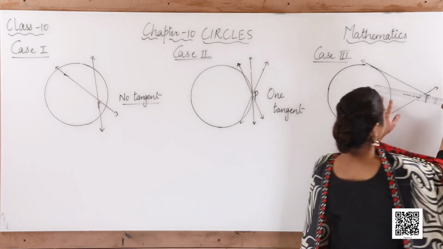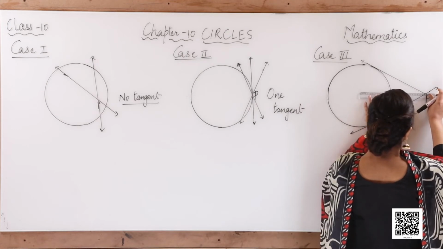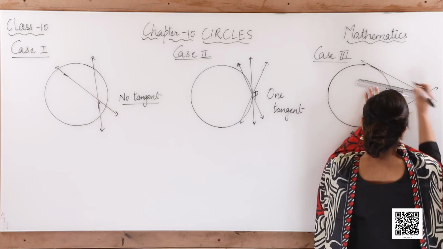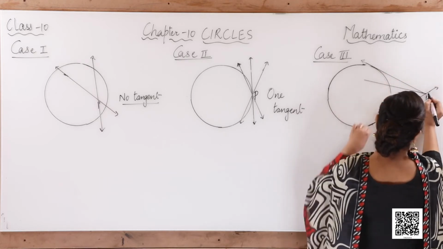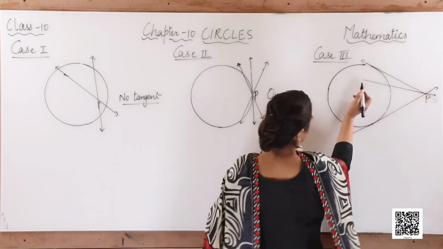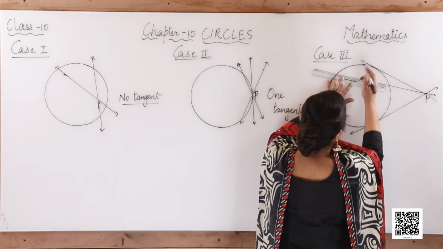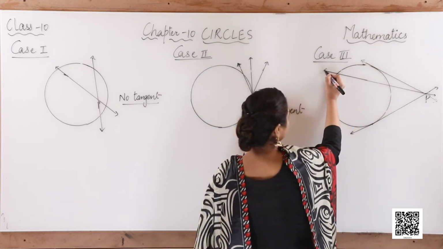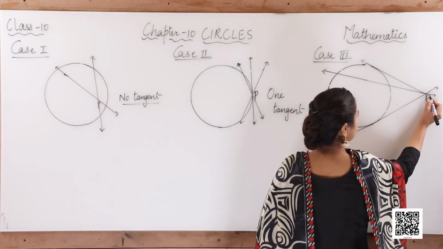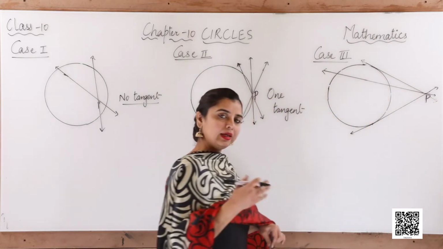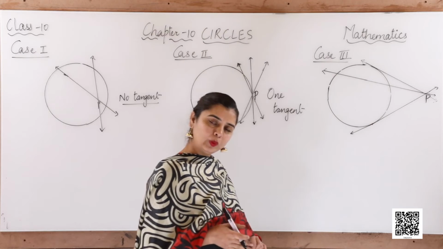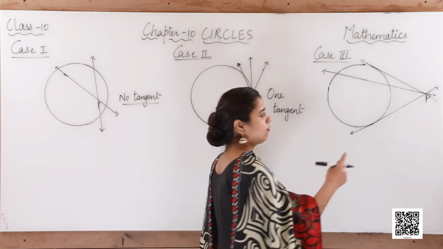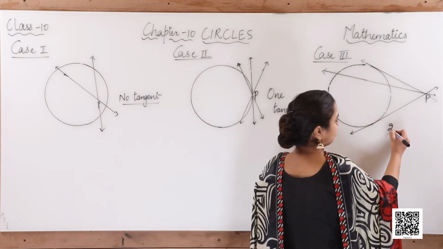Let me try. If I draw some other lines, I'll find that this is a line passing through point P. Clearly, when extended, it will cut the circle at more than one point. That is, it is cutting the circle at 2 points. And a line passing through the circle and cutting it at 2 points is called a secant. So clearly it is not a tangent. So I have found only two tangents.